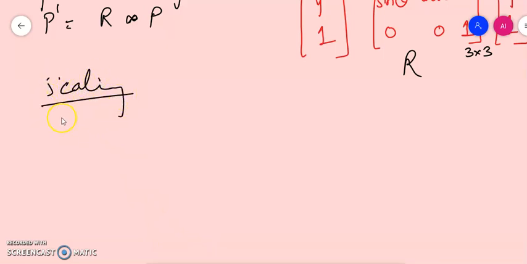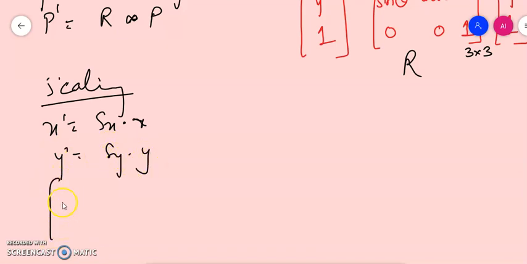When I'm doing scaling, it is x dash is equal to sx multiplied by x, and y dash is equal to sy multiplied by y, right? So how am I writing it? I am writing it as P dash is equal to S multiplied by P, right?